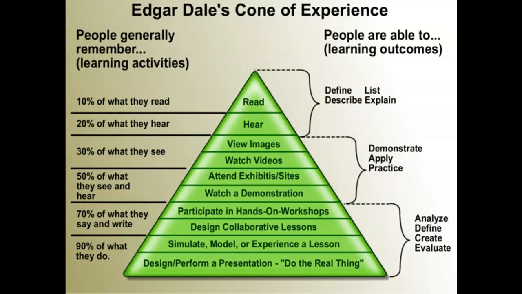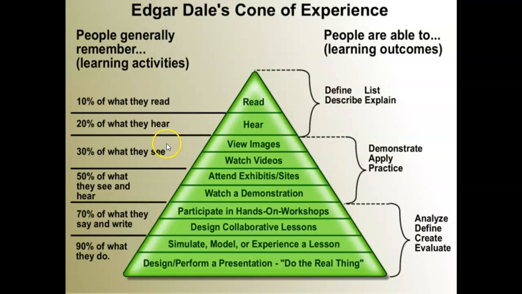Again, what is this class about? Hands-on learning. We talk about evidence-based practice, evidence-based OT. This is evidence-based teaching. What the evidence shows overwhelmingly, hands-on is how people learn. You can look at the scale. You really learn very little from what you read and what you hear.